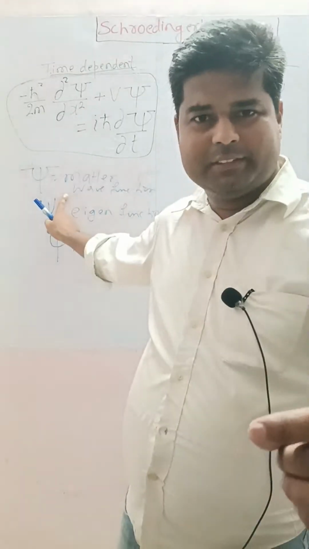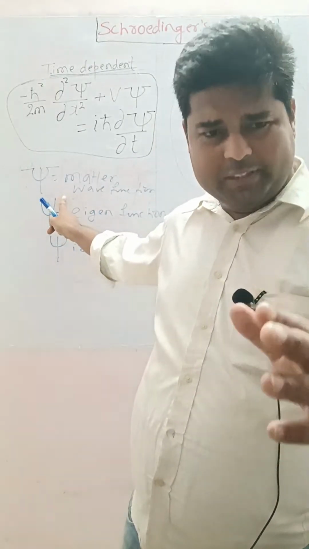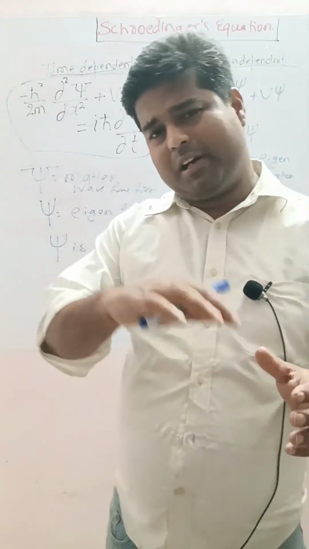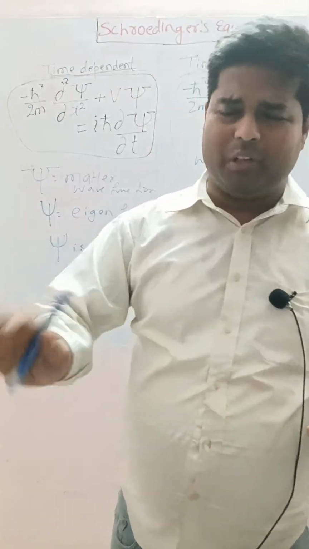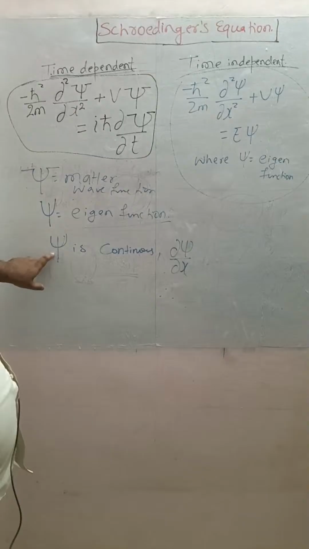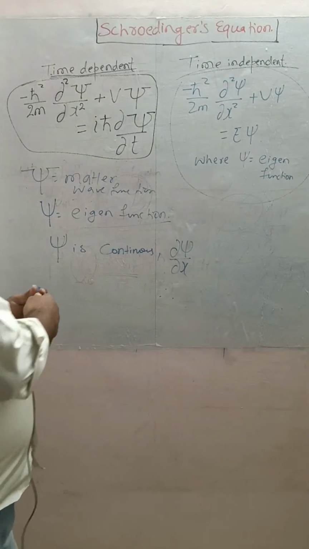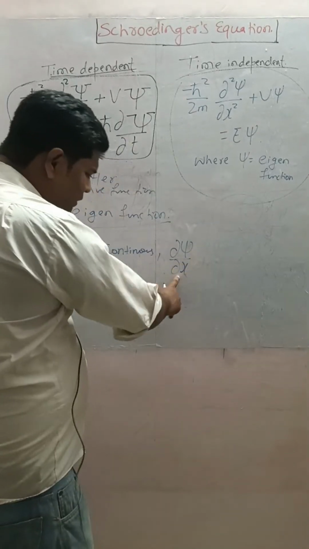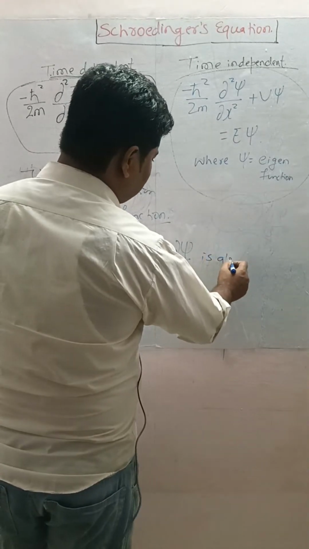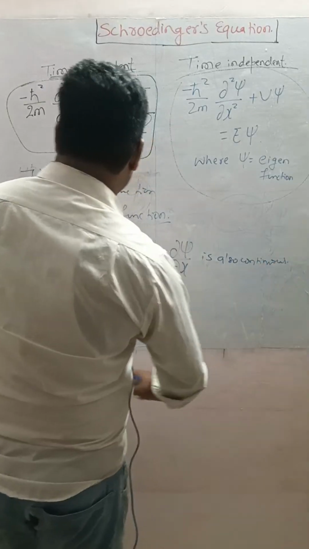I explained this on my YouTube channel. There is a video related to electron spin, where I explained how a matter wave function could look. So the amplitude part of this matter wave function is continuous. Then its derivative with respect to that axis, that space, is also continuous.